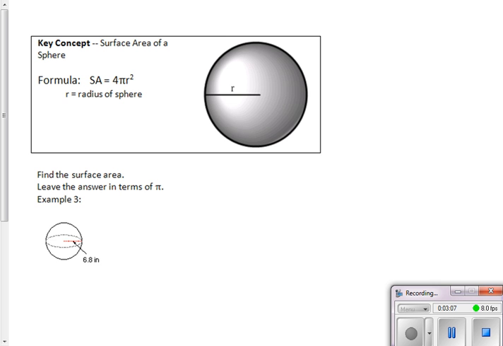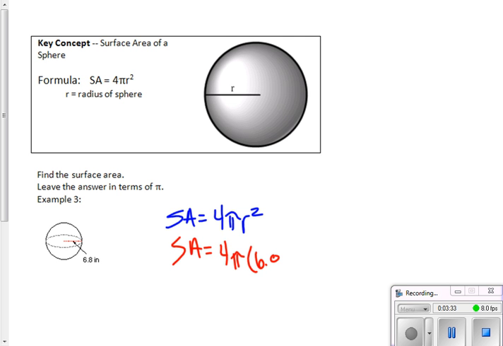Example 3 and 4, we're going to cover surface area of a sphere. Formula given is 4 pi r squared, again r representing radius. Starting off the problem using the formula given, use substitution here. So we have that the surface area equals 4 pi, and in for r being the radius, we're going to substitute in 6.8, and we need to square that.